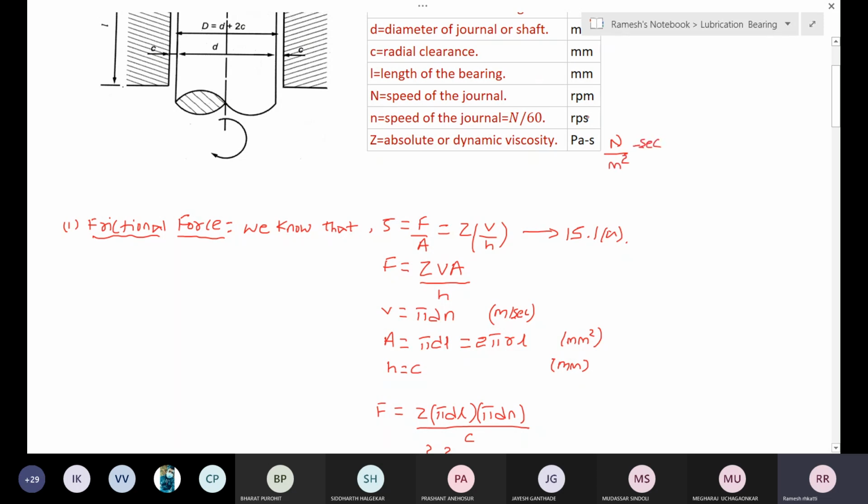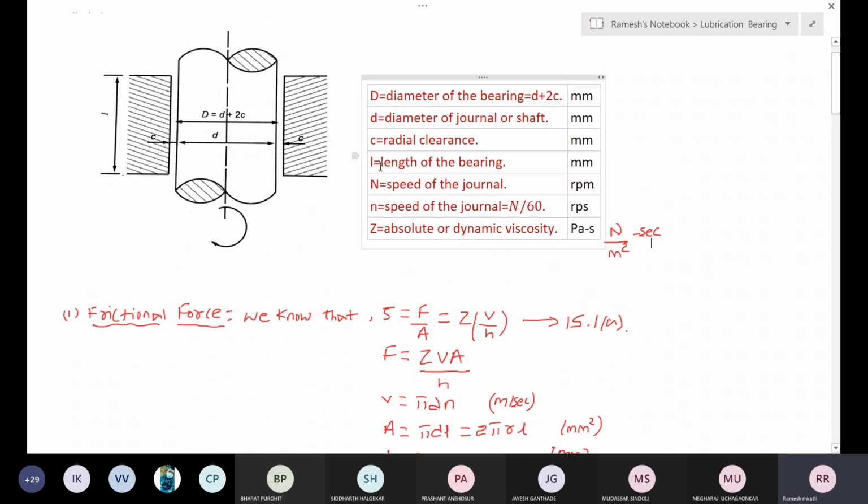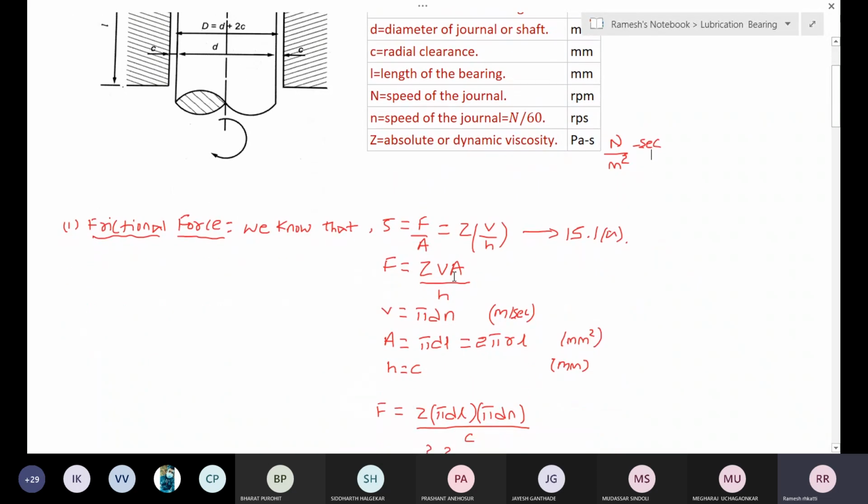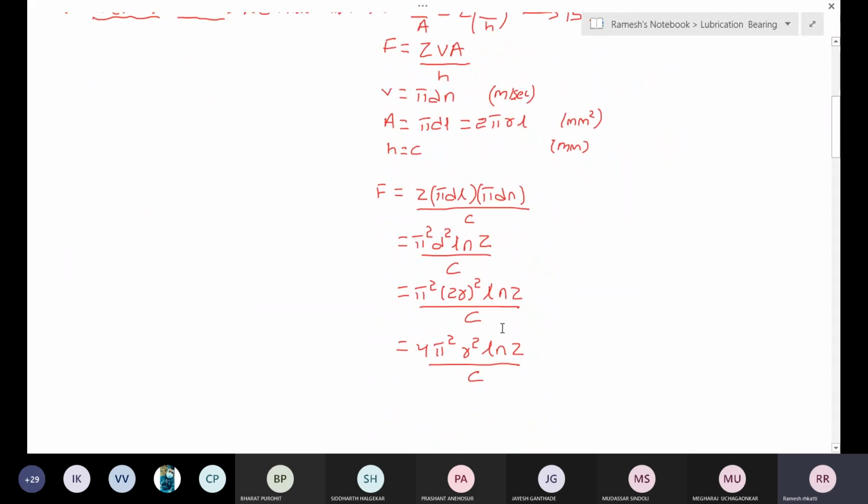The remaining, if you observe, the length as well as the radii, clearance, diameter of the journal or the bearing, all are in mm, except the dynamic viscosity. Means this has to be converted into mm square.